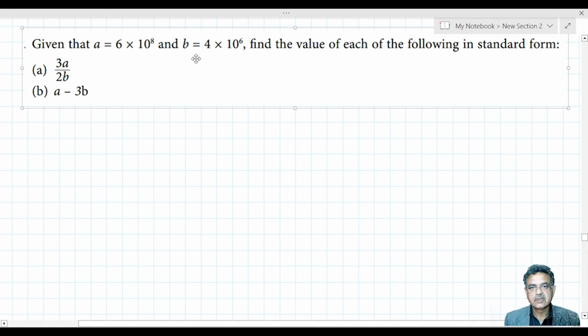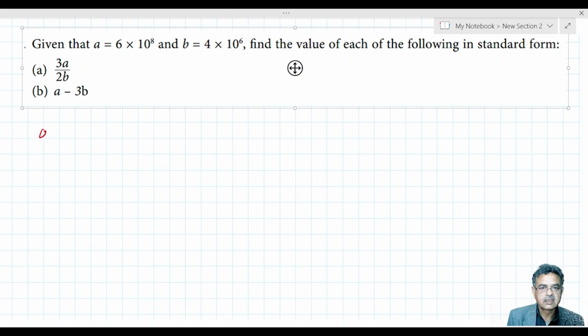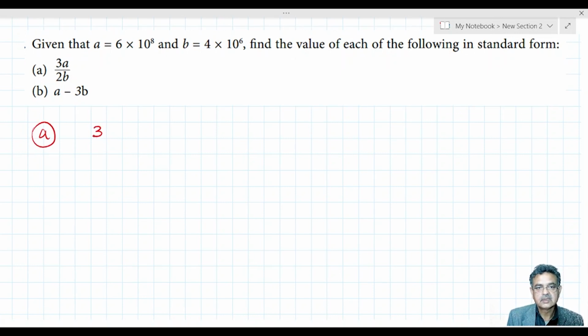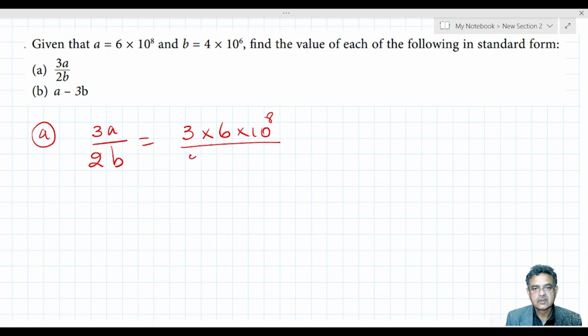Here values of A and B are given. We have to find the value of these expressions in standard form. So part A, 3A over 2B, that is 3 multiplied by 6 into 10 to the power 8 divided by 2, as it is given already, this is 2 there, and value of B is 4 into 10 to the power 6.